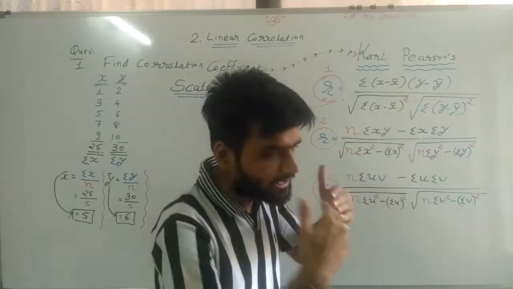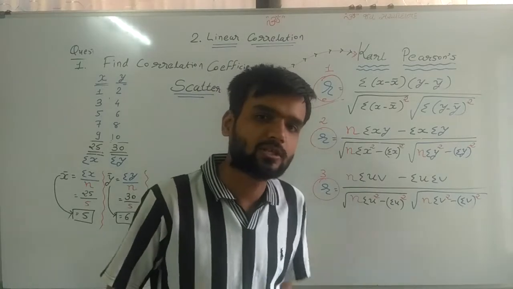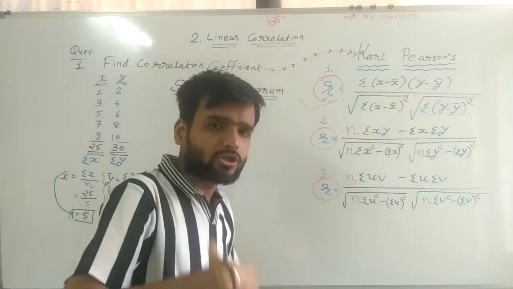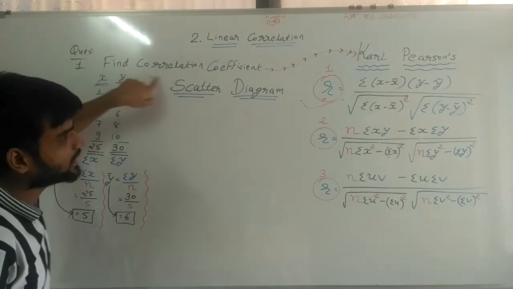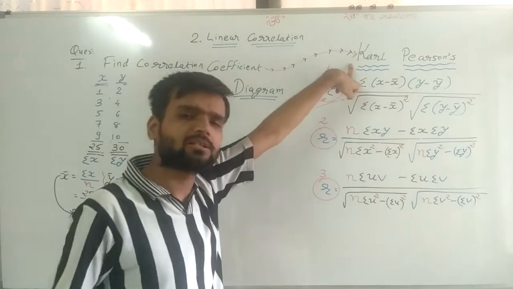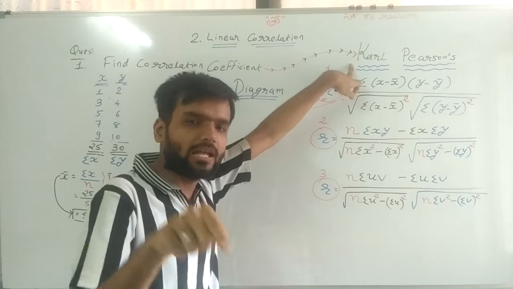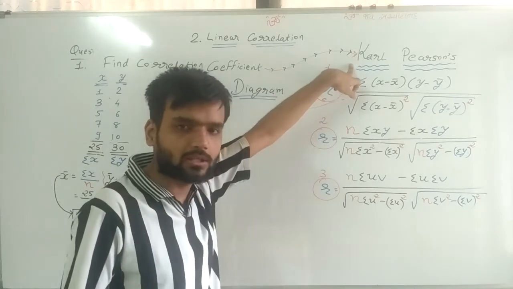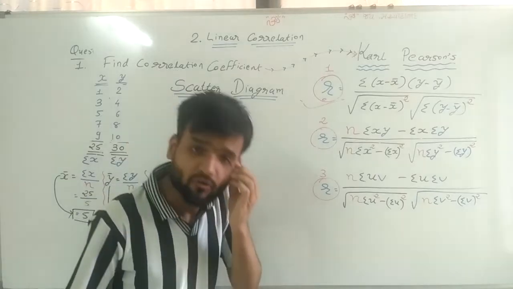Up to the last lectures, our question was: find the correlation coefficient by Karl Pearson's method, and in that method we can use any formula from these 3 formulas.